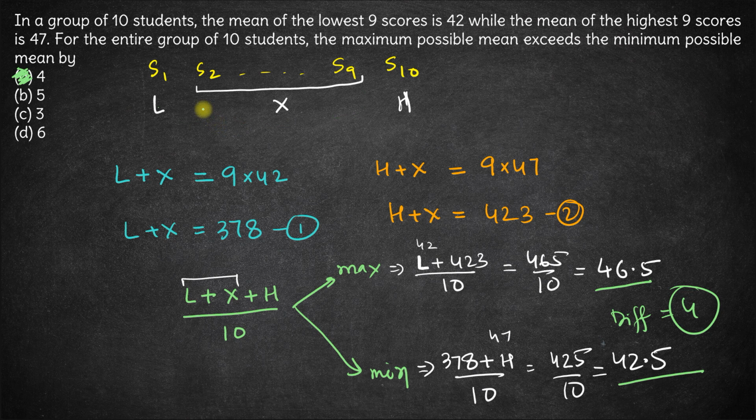Similarly, if the average of all these numbers is 47, H cannot be less than 47. H can take any higher value, it may be 200, 300, 400, 500, whatever, but it cannot be less than 47 for sure. Considering these limitations, we calculate the maximum and minimum average possible, and the difference comes out to be option A. Thank you.